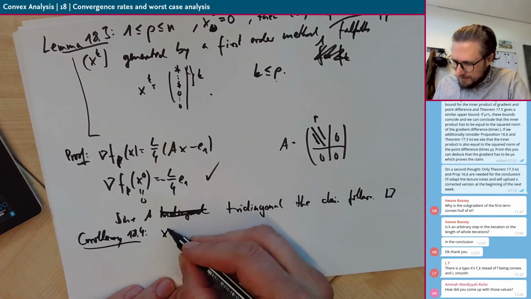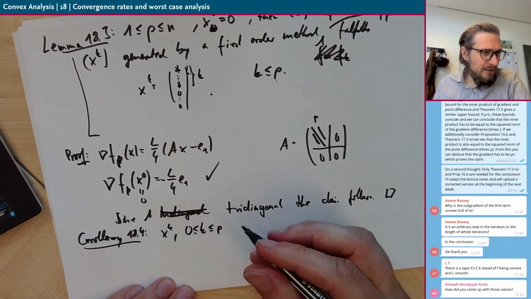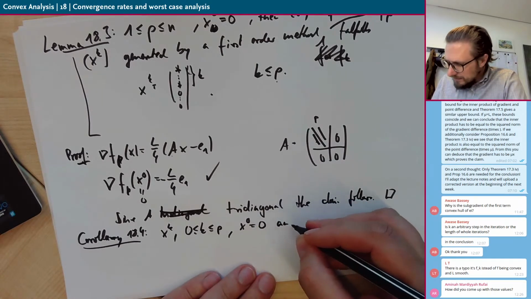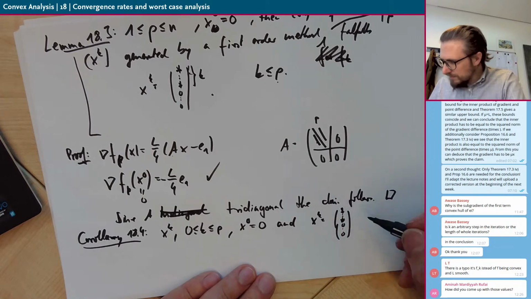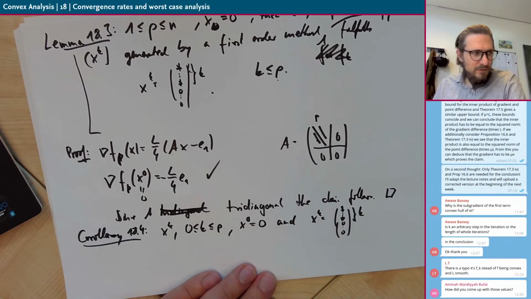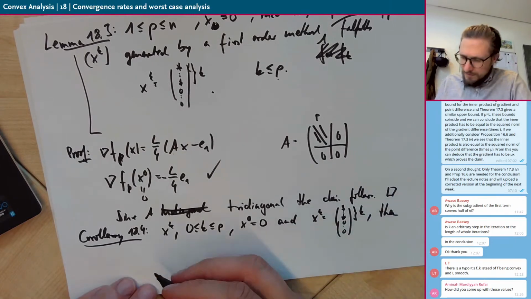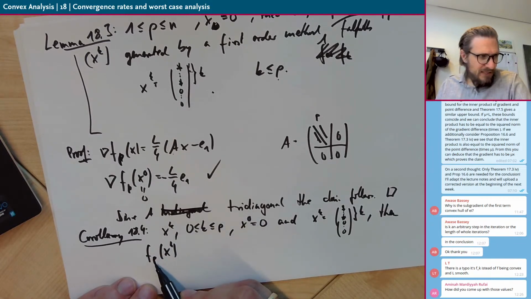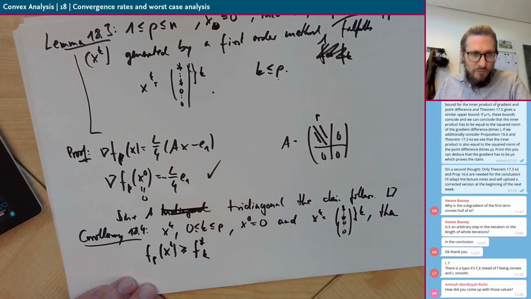If you have xk with k up to p initialized with 0 and xk is of the form only non-zeros in the first k entries, then you have that the function value of fp at xk is larger or equal than the objective value of the function fk.